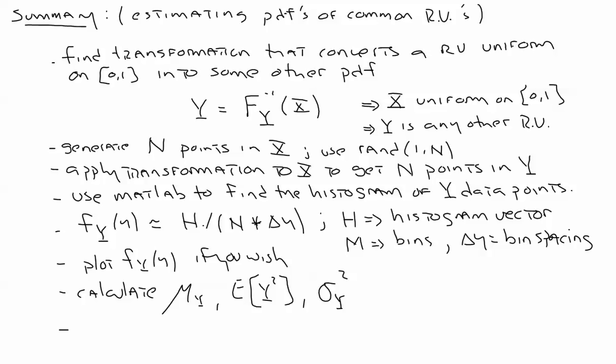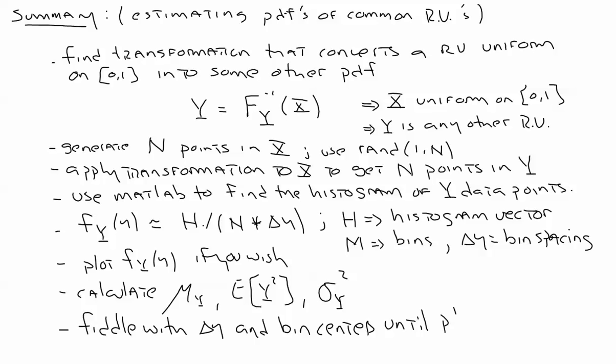Unfortunately, you have to fiddle with the bin spacing and bin centers until my results are what I expect them to be. I fiddle with the bin width and the bin centers until the PDF estimate is smooth. Hopefully you remember this from the last lecture.